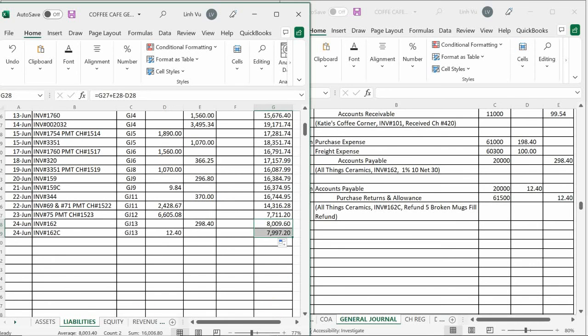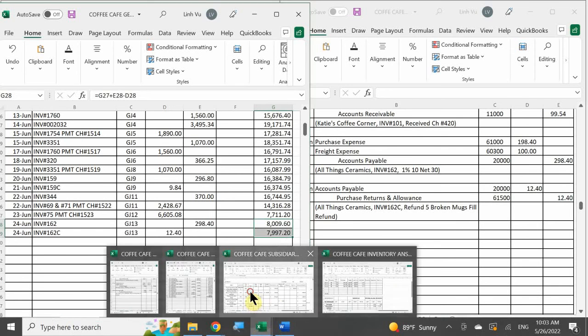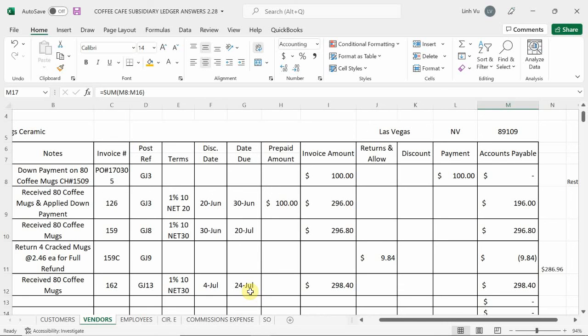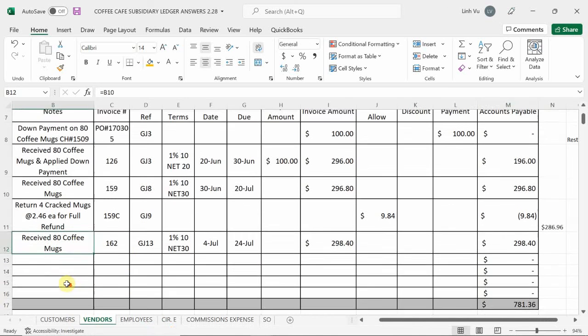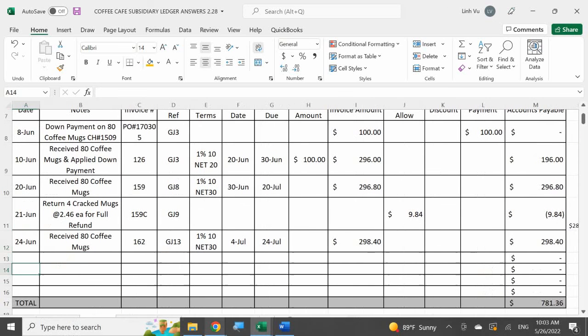We also have to update my subsidiary ledger because this affects my invoice number 162. So in this case, I have to make a note here that I got a refund. Okay, so refund on 5 broken mugs.